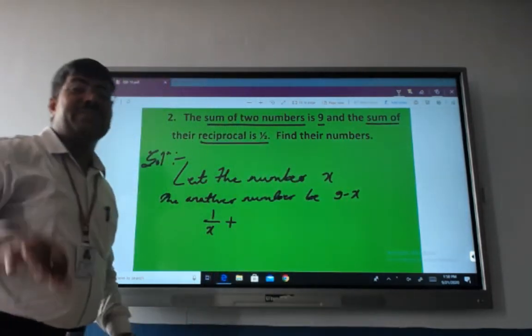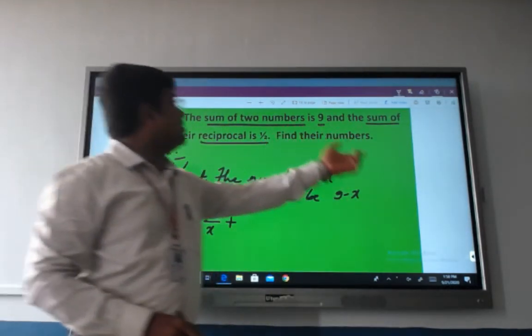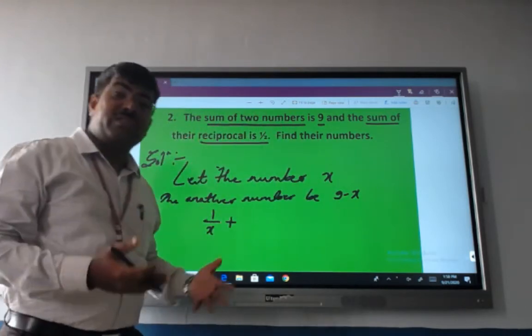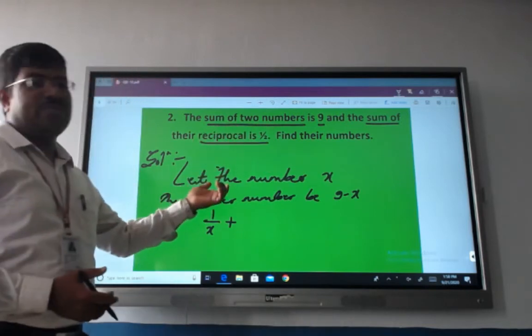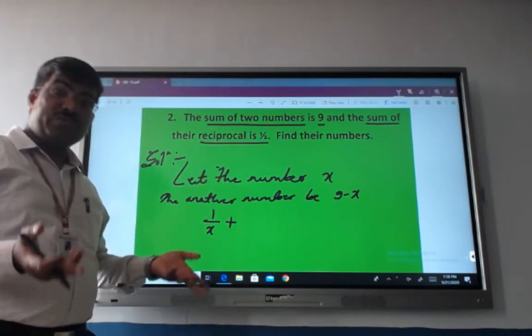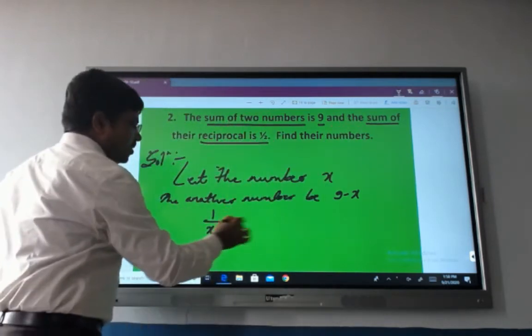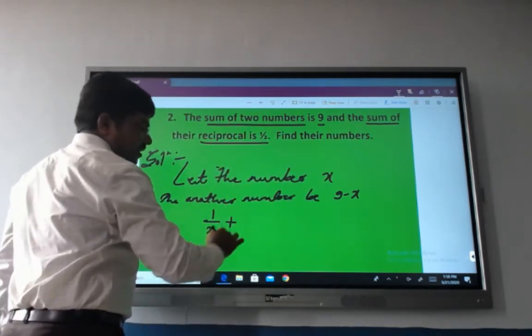If they give the difference of reciprocals, I will take a negative sign; sometimes it is the product or quotient of the reciprocals, and so on. Here it is a sum, so we take plus.